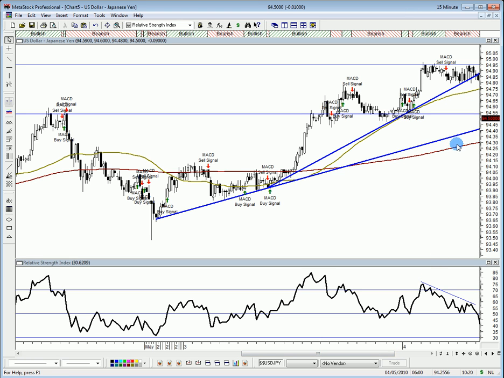We have a break. Everything's in our favor. You can start looking at entry levels now, positions. Still bearish. What we'll probably find, if anything, with this break to the low side, is we might see a break up. Let's see what happens.